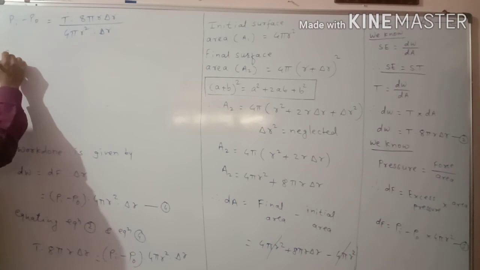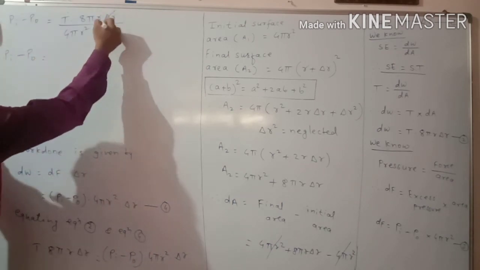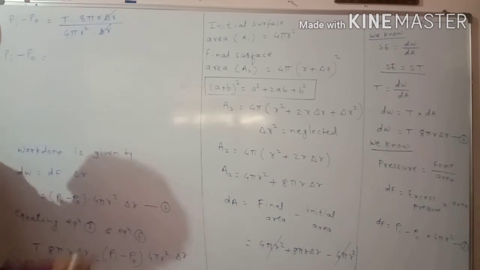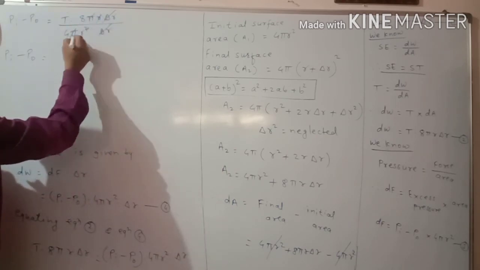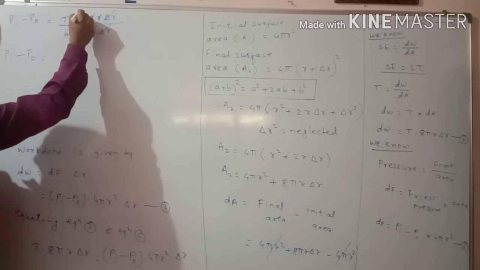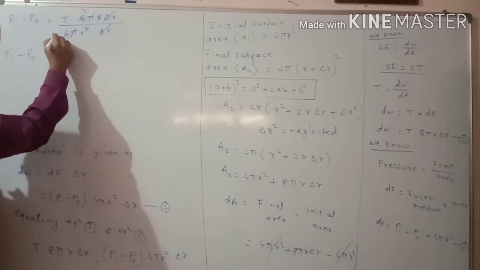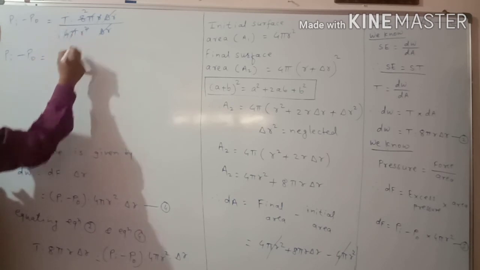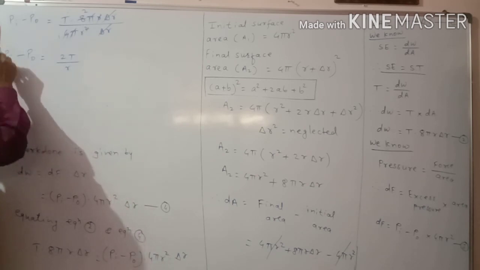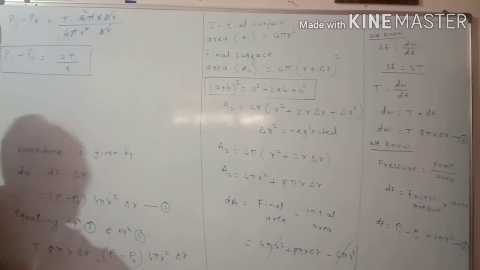So Pi minus P naught is exactly equal to, delta r will get cancelled, and the remaining term is 2T upon small r. So this is a very important relation for liquid drop.